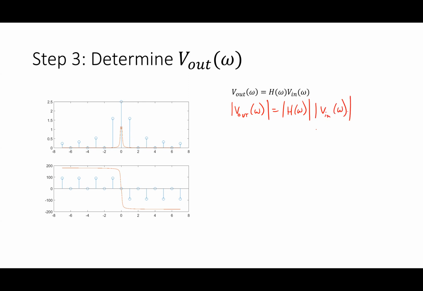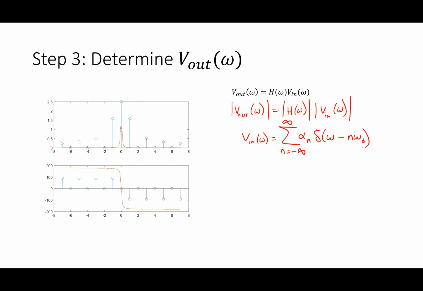And I can apply that at every frequency where there's actually an impulse. So what I know about V in of omega is, we defined it as this series of impulses like this, omega minus n omega naught.